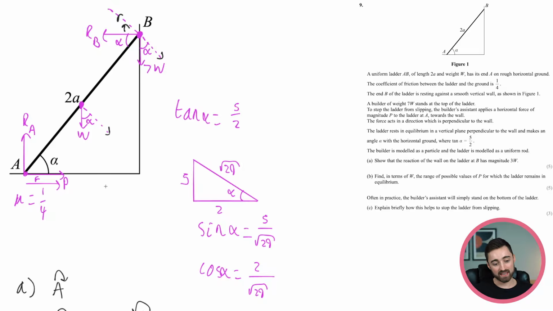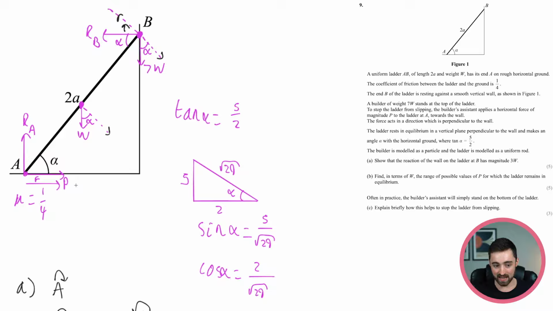Imagine P is just holding on here, in terms of if P was any weaker, the ladder would fall kind of that way. In that case, the friction would be acting this way because both P and F are trying to stop the ladder from slipping. So let's consider that for now, and then we'll think of something else.